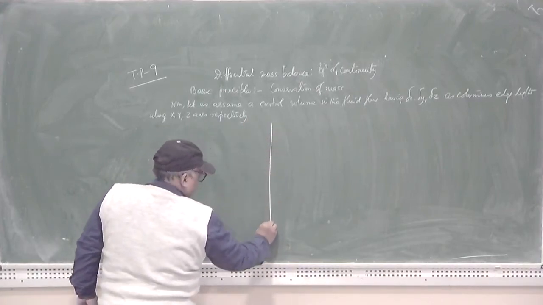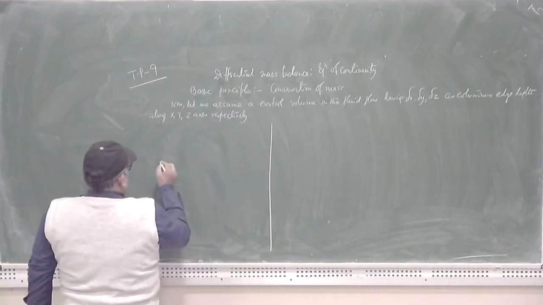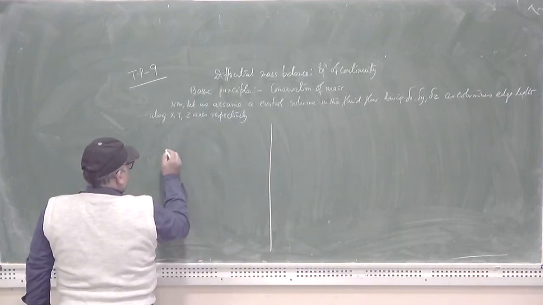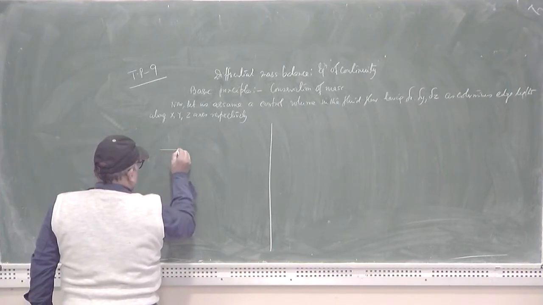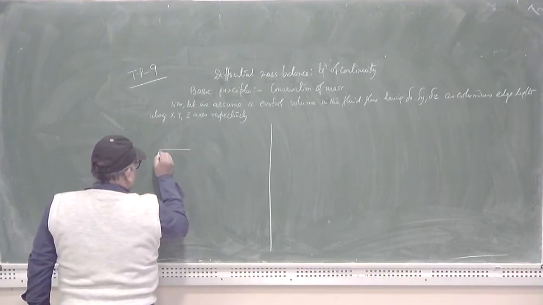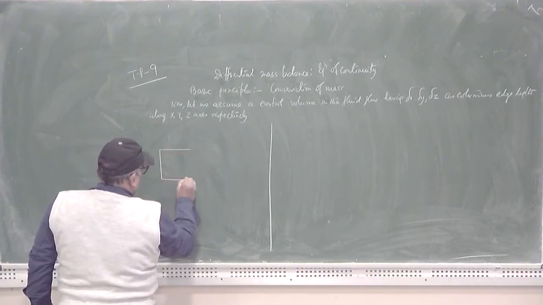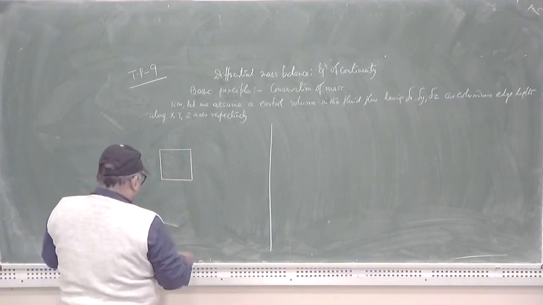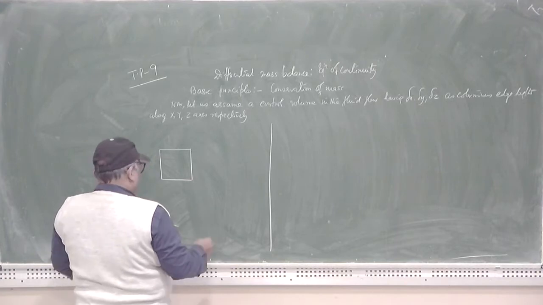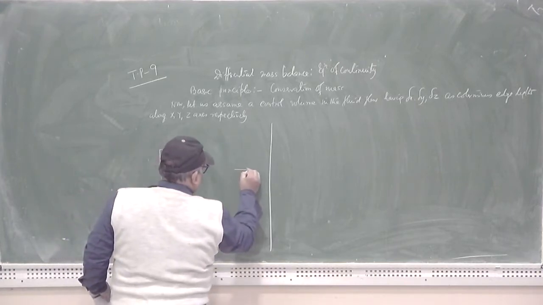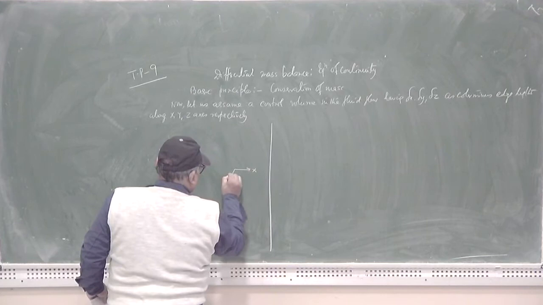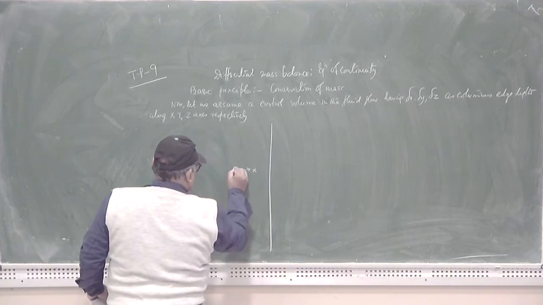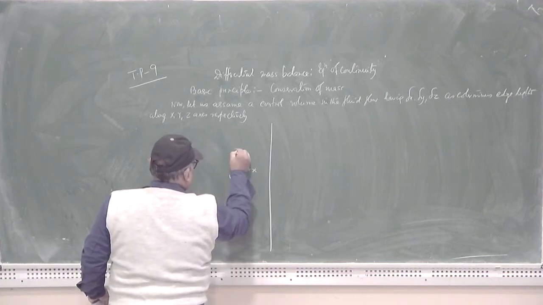So, let us assume here a volume. First, draw the axes. Let us suppose this is the x axis, this is our y axis, and this is our z axis.